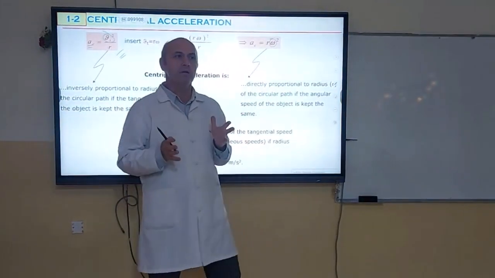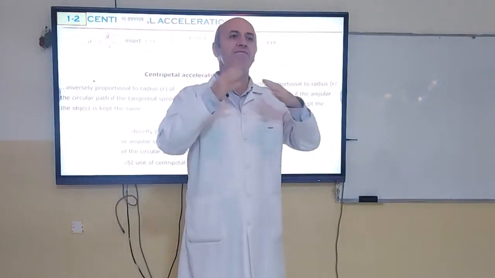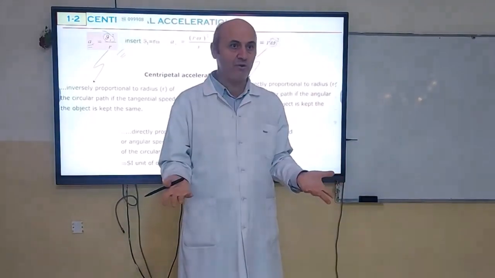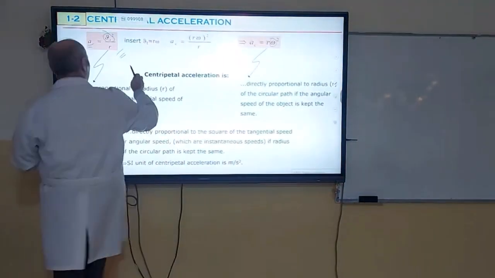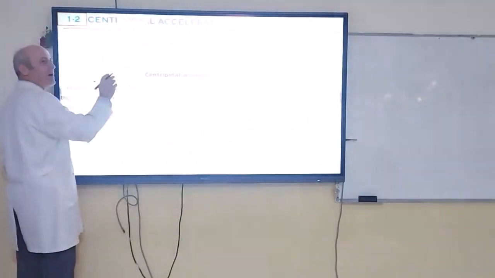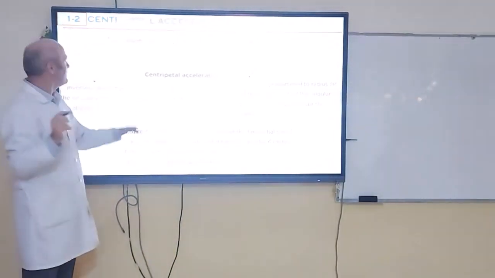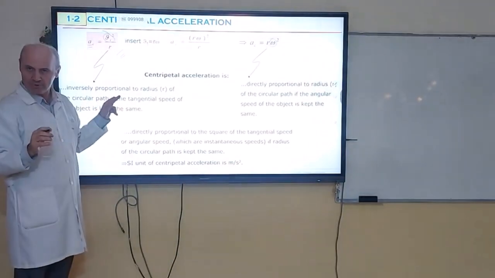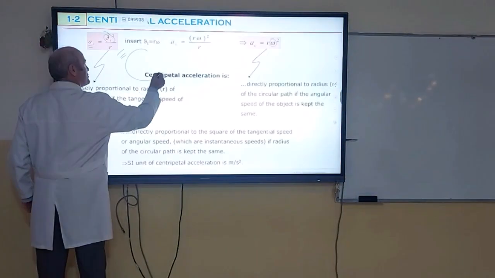It's about which speed you are going to keep the same for two objects when you compare their ACs. For example, if you are going to compare AC of two objects with this equation, they must have the same tangential speed. Then AC and R are inversely proportional. That makes sense. Why? Two different circles.